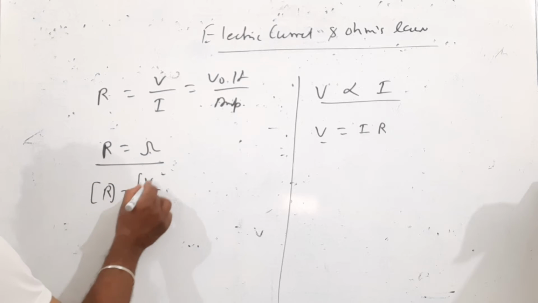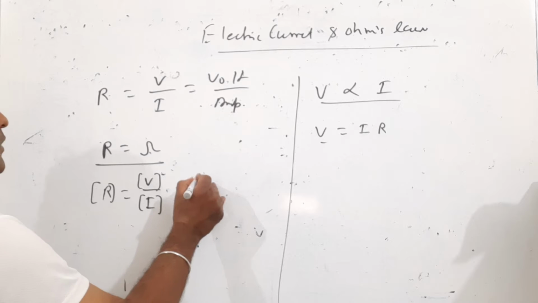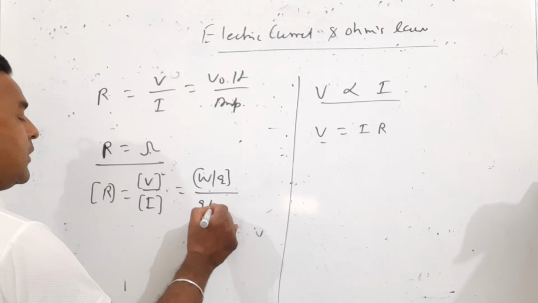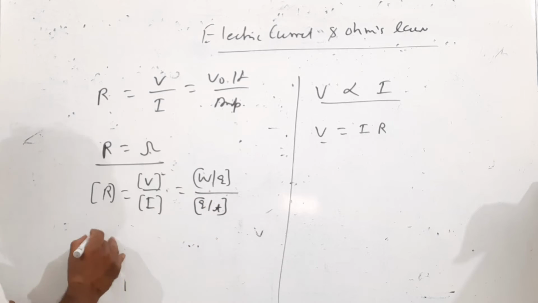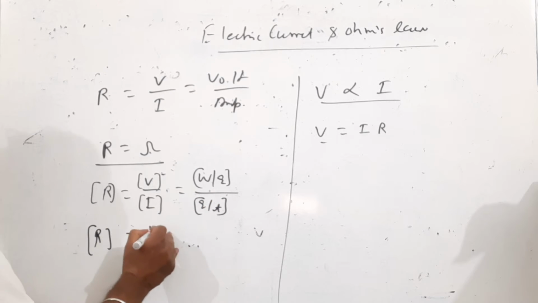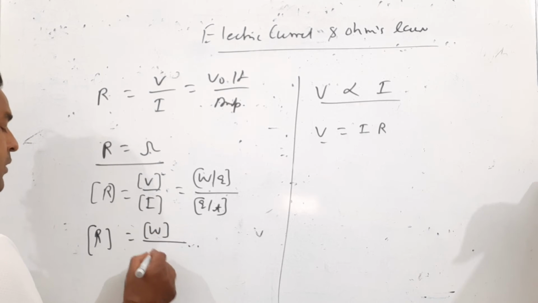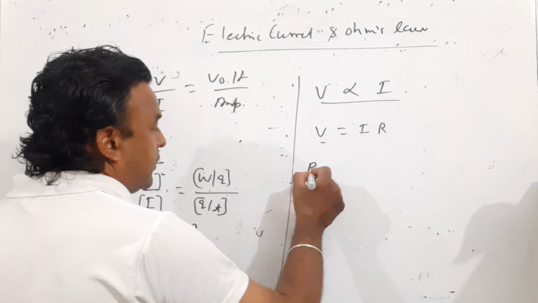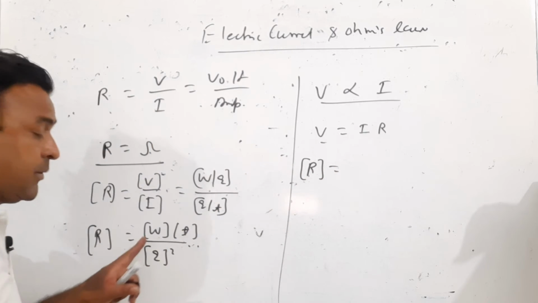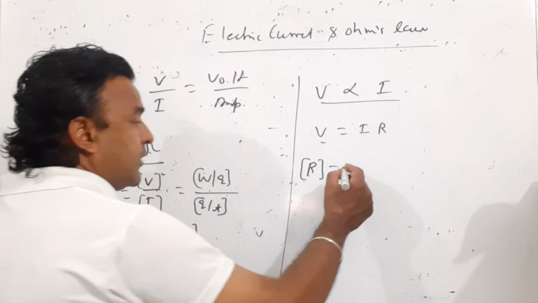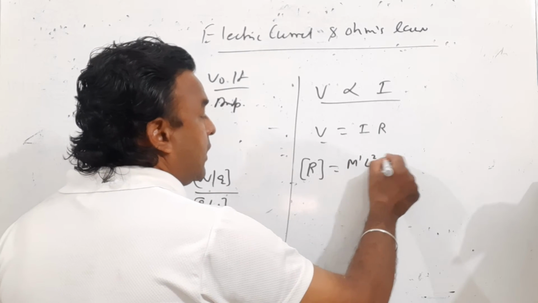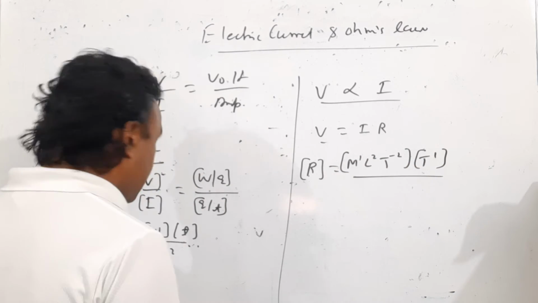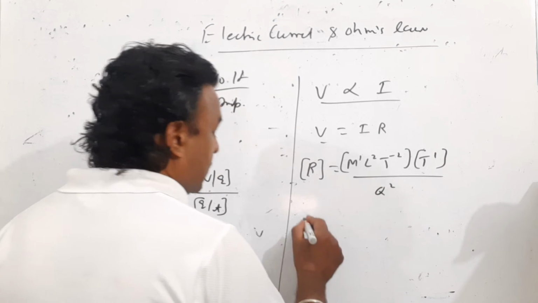dimension of all this, W upon Q upon Q upon T, W upon Q square T. So dimension of R. Dimension of work is equal to dimension of energy, M1 L2 T minus 2, T1 upon Q2.